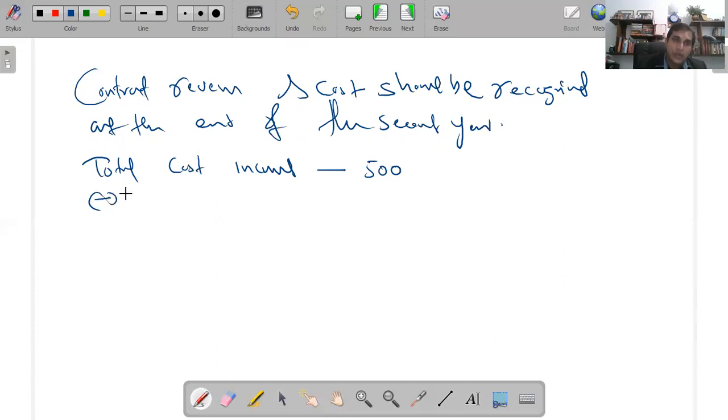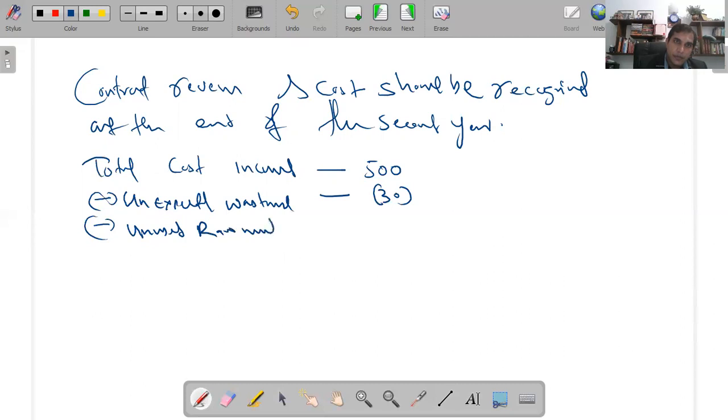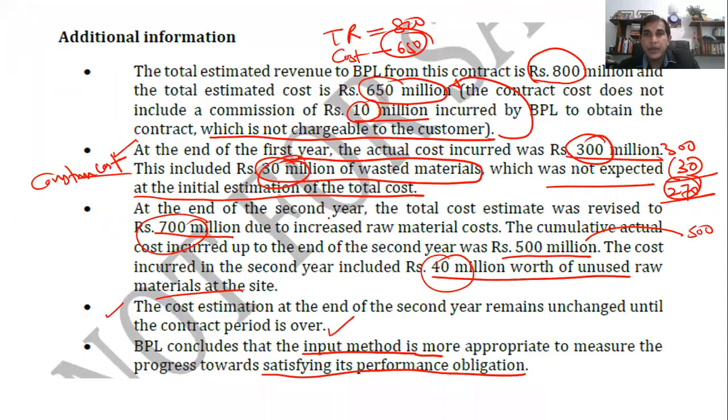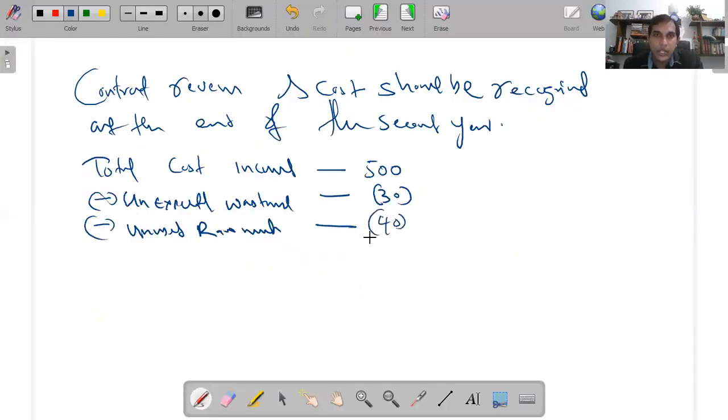From this 500, the unexpected wastage, which includes 30, should be deducted. Then unused raw material. What is the figure? Let me check it. That's 40 worth of unused raw material, and this 40 also needs to be deducted from the 500.